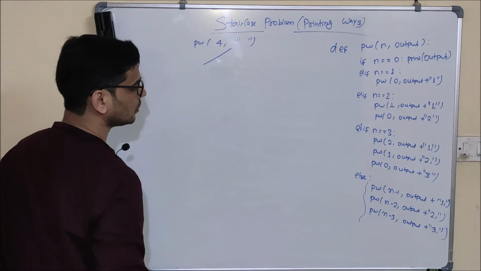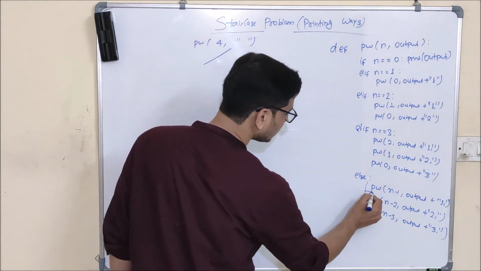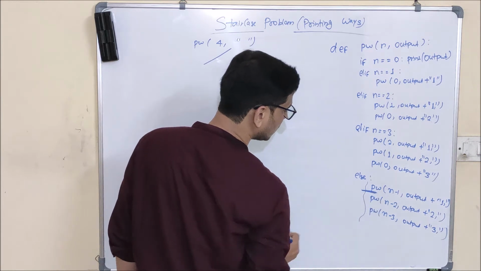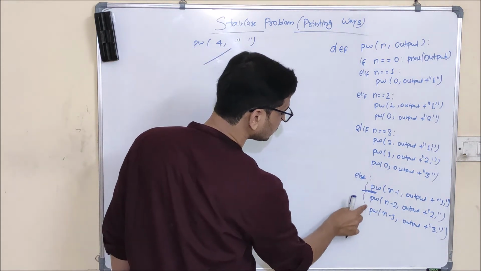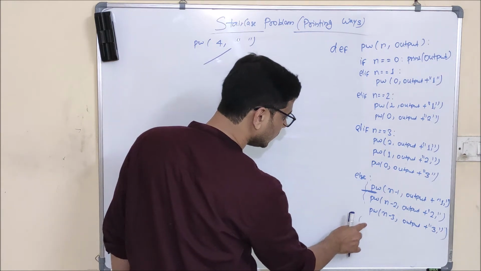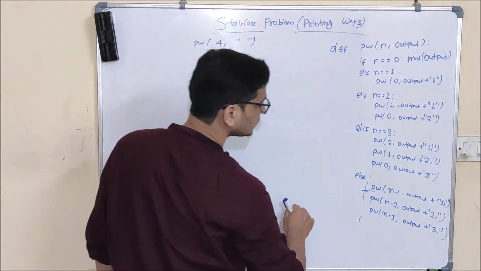Okay, so here it will make 3 function calls, but when the first function call is made, it will go for its own execution, and the other 2 function calls will be on hold till we return from this function call.